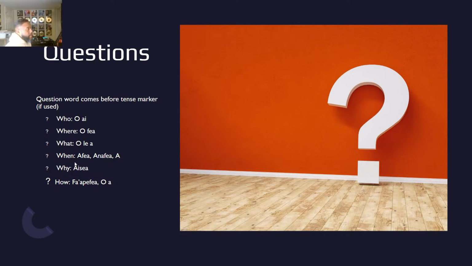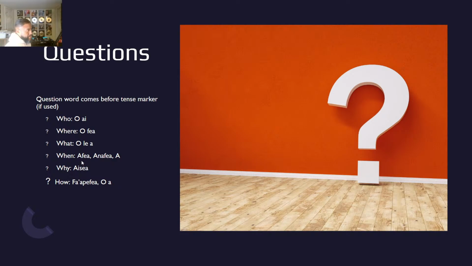And I probably should have put these together. Like when. So when is afea, and that's the future when. So when is this going to happen in the future? Somebody will say afea. If they say anafea, anafea is still when, but it's when in the past.